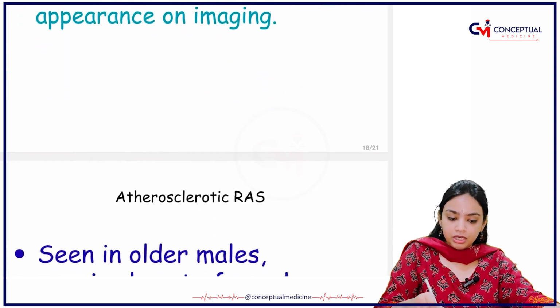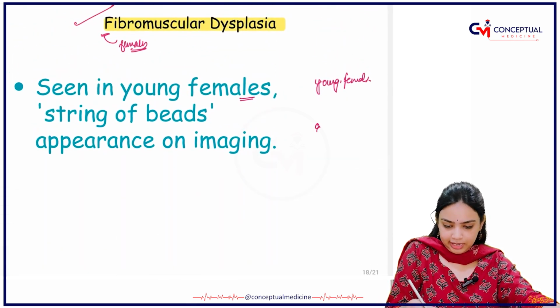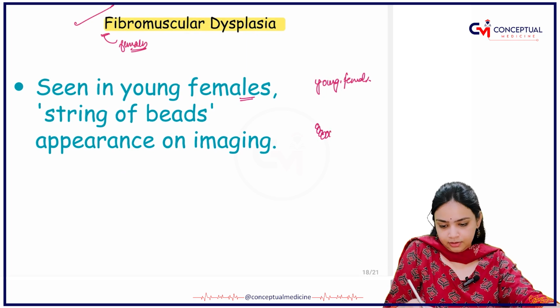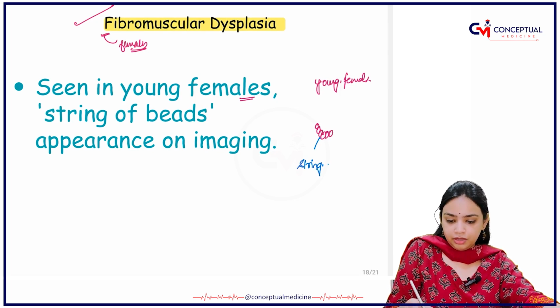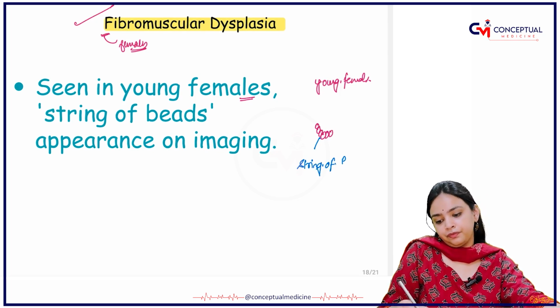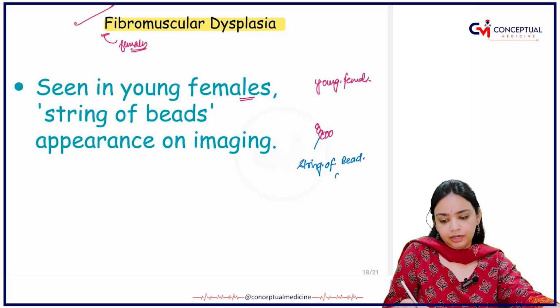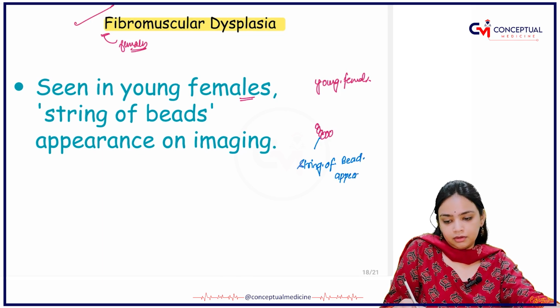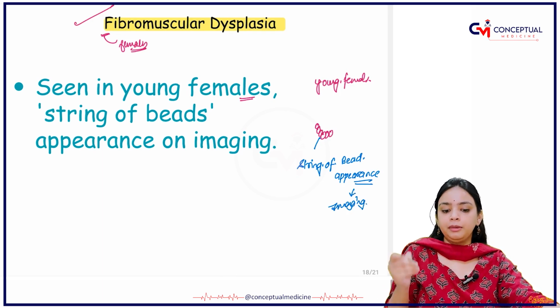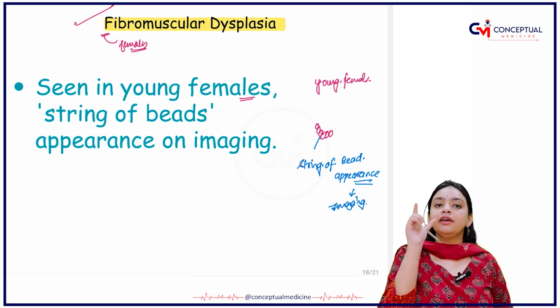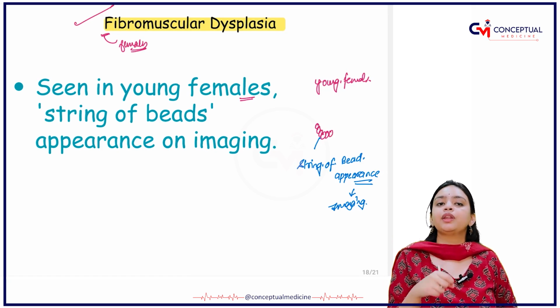On imaging you are able to see a string of beads appearance. So fibromuscular dysplasia, F for F, is seen in females and you see a string of beads appearance.